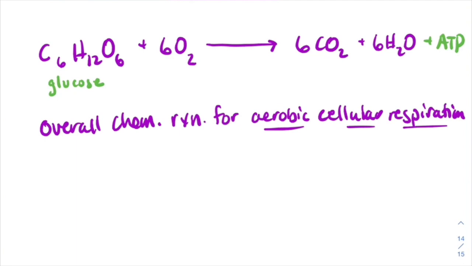We will be looking at how this process of aerobic cellular respiration happens. I want to point out a couple of things about this chemical reaction. First, all 6 of these carbons here get converted to CO2.